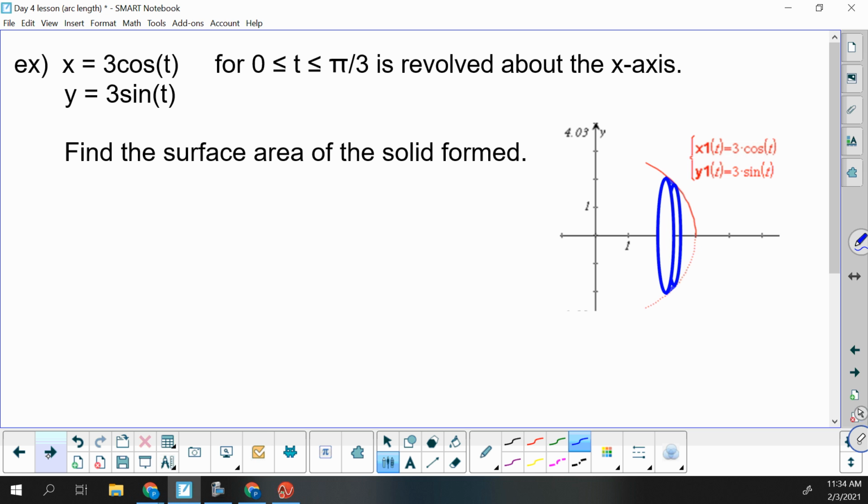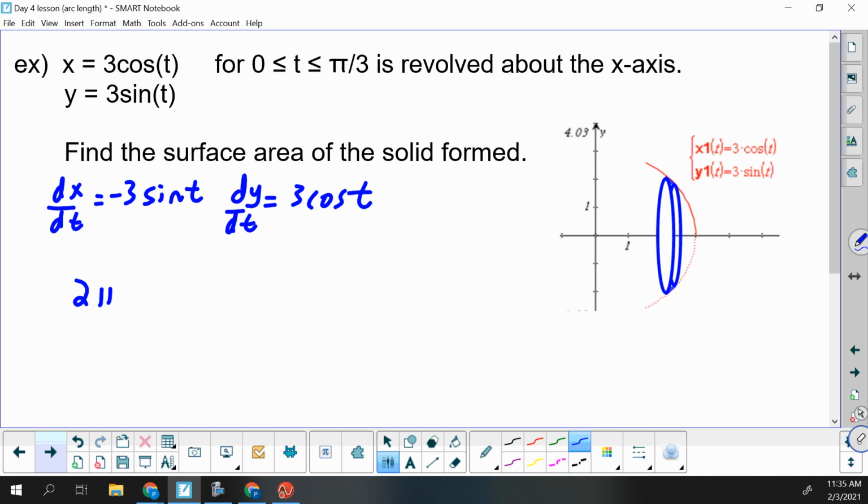So our dx over dt would be negative 3 sine t. And our dy over dt would be 3 cos t. So for our surface area, we're going to have 2 pi. They told us our interval is 0 to pi over 3.